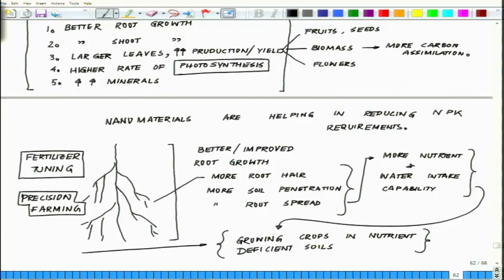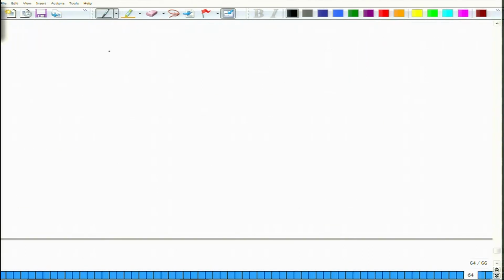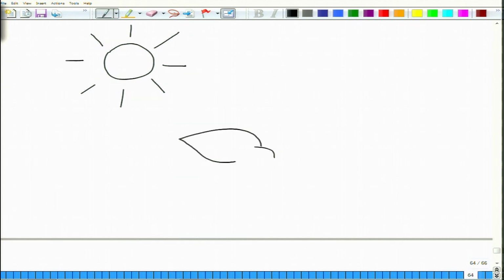When we talk about photosynthesis, we are talking about your major source of energy on this planet, which is the sun, and here you have a plant which has been treated with some kind of nanomaterial, whether at the stage of seed or root or foliar spray, whatever.